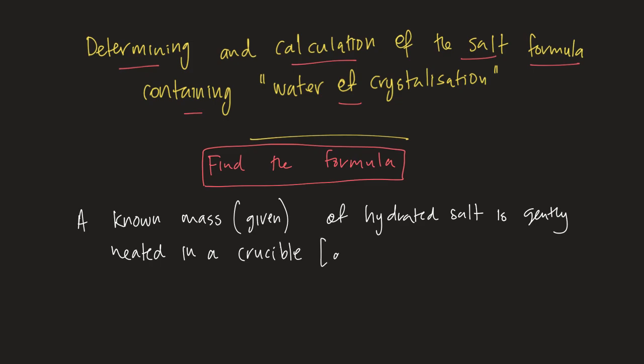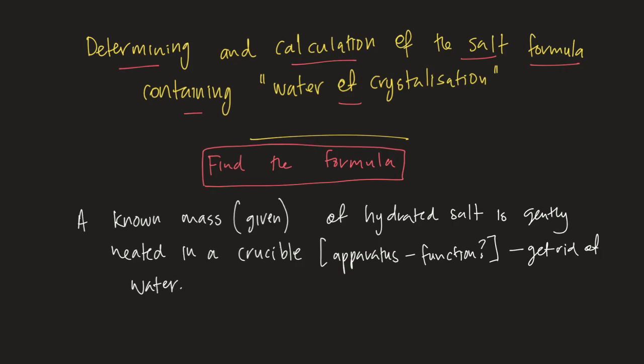Alright, so this is an apparatus. Go and find the function of when we use a crucible, right? And when it's gently heated, the purpose is to get rid of water.